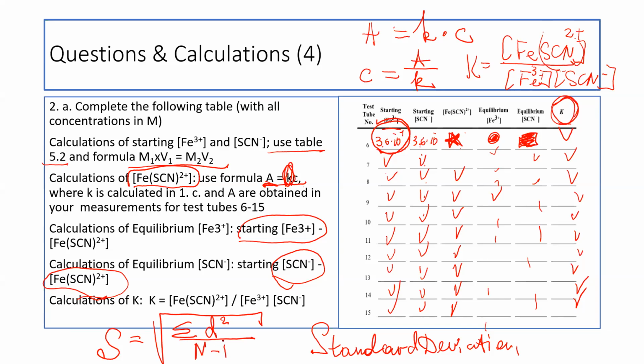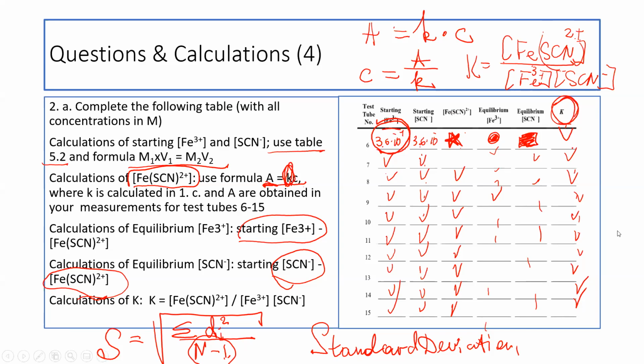So we have 10 measurements. That means here it's going to be 10 minus 1, 9, right? And here it's going to be the deviations from the mean for every particular measurement. So review Appendix A, and you will be able to determine everything.